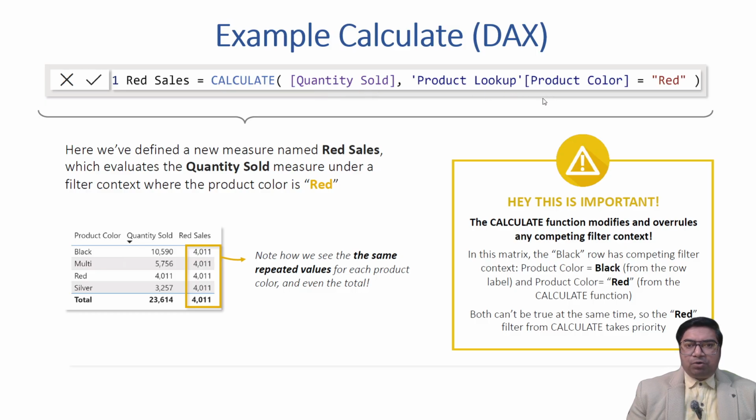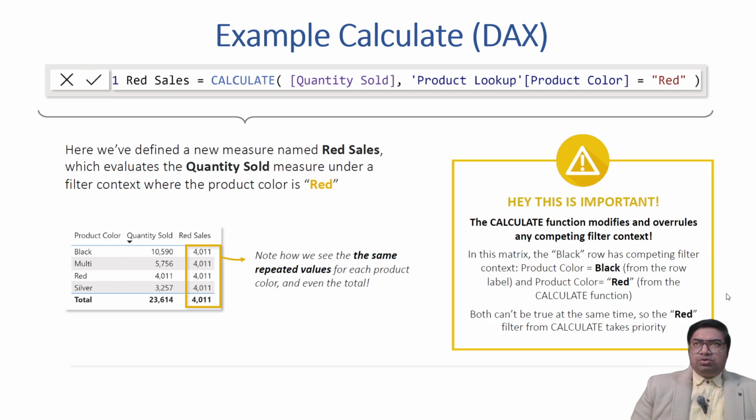Filter is where product is red. So all red product sold will come here in this approach. Here, if I put the red here, red is 4011, so all 4011 will come here, if I'm calculating the reds through the filter where it is red.